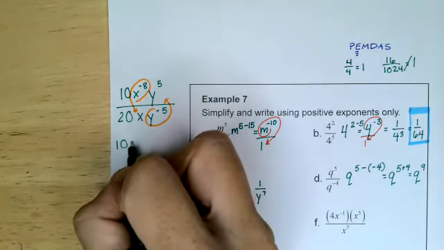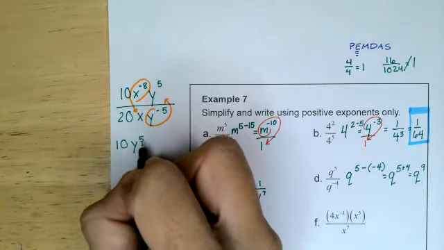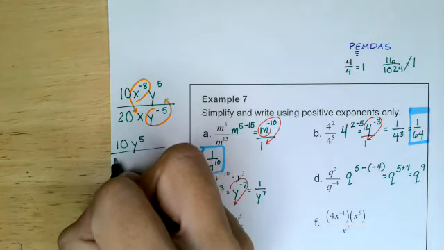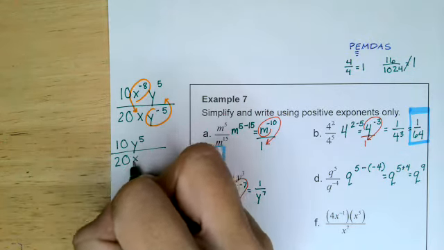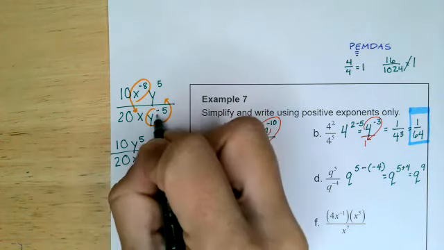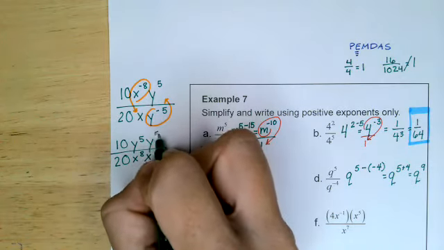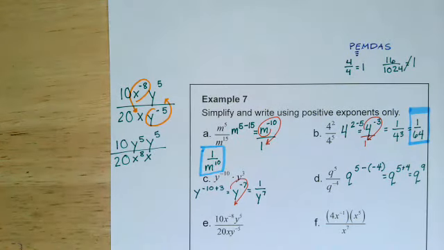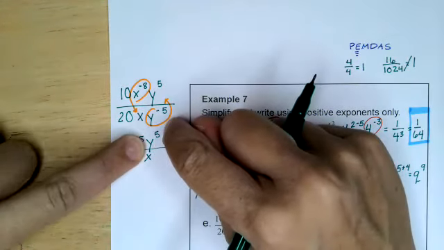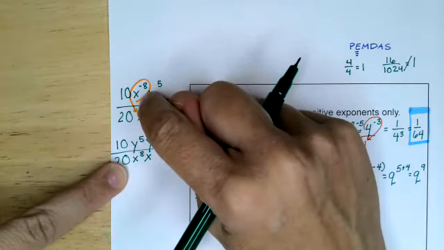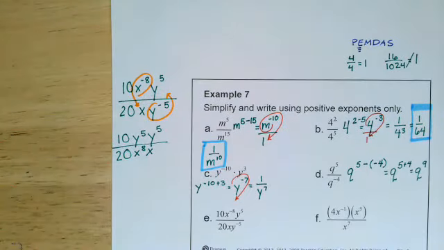10 y to the 5th over 20 x to the 8th x, and that y to the 5th goes up. So this y became positive, this x became positive. Now I'm going to simplify, first starting with those coefficients.